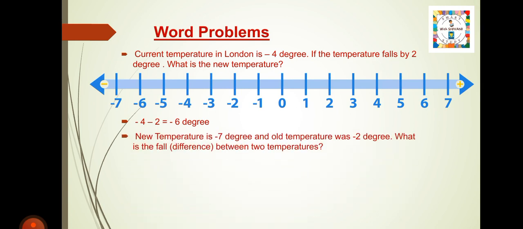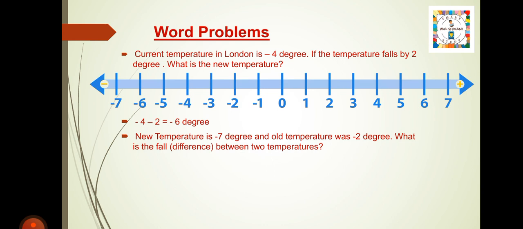Now, second problem. New temperature is -7 degree and the old temperature was -2 degree. What is the fall, or what is the difference between two temperature? So presently we are standing on the number line at -7 and the old temperature was -2. So in between -7 and -2, how many jumps are there?